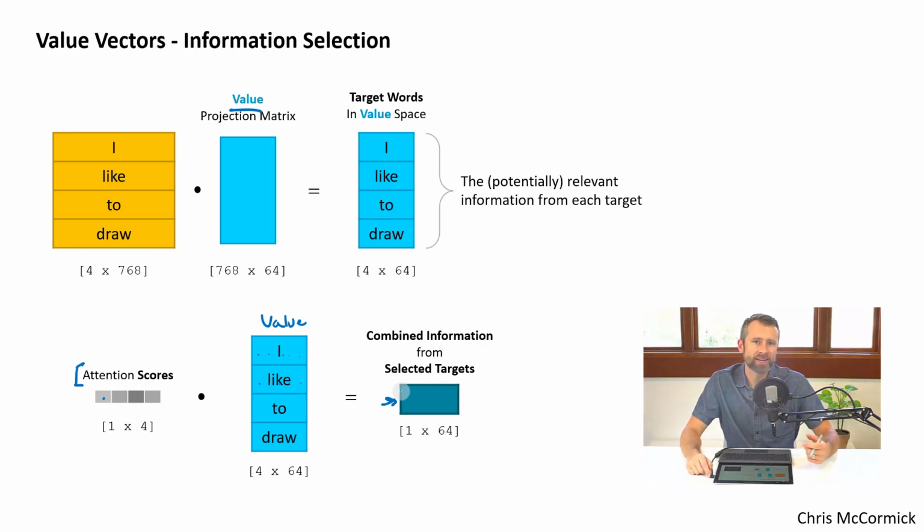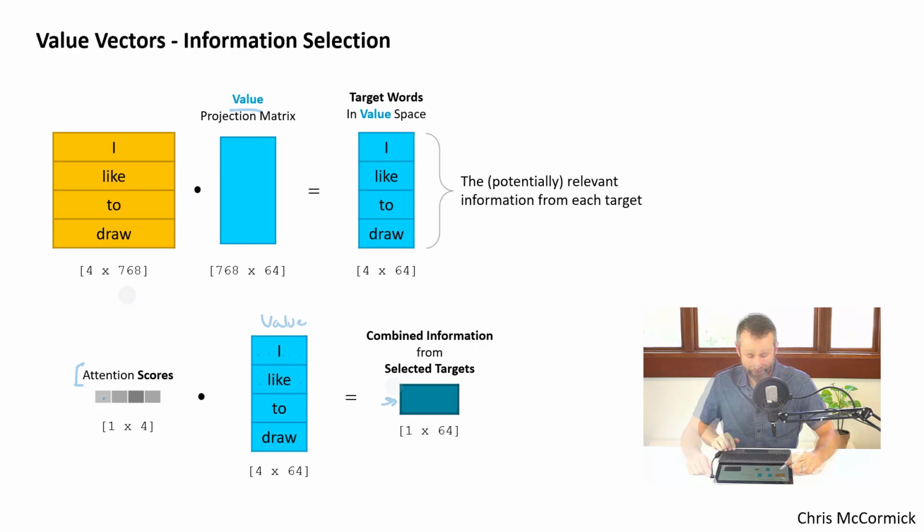And again, because many of the words in your input aren't going to be relevant to what this head is looking for, a lot of these attention scores will be 0 or close to 0, and the value vectors for those words won't contribute much or at all to the weighted average at the end.